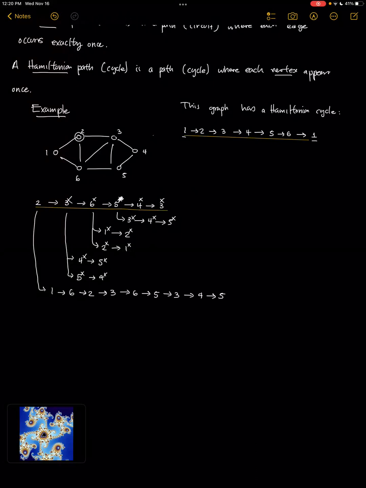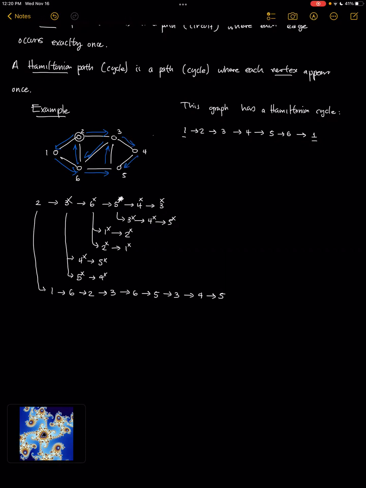From 2, I go to 1. Then from 1, I go to 6. Then from 6, I go to 2. Then from 2, I go to 3. Then from 3, I go to 6. Then from 6, I go to 5. Then I go to 3, then to 4, then to 5.